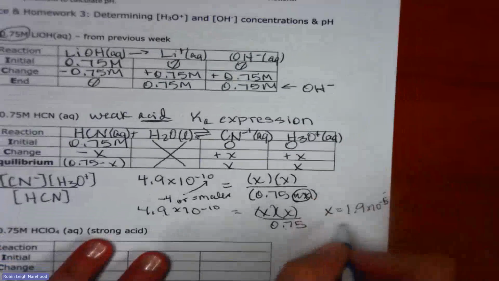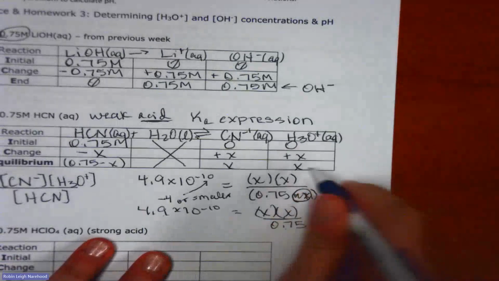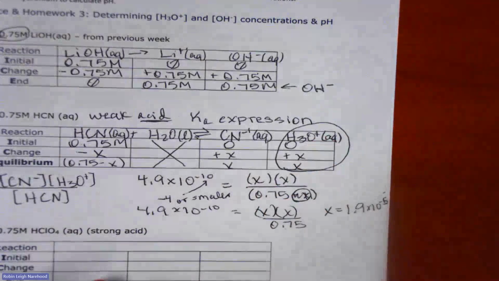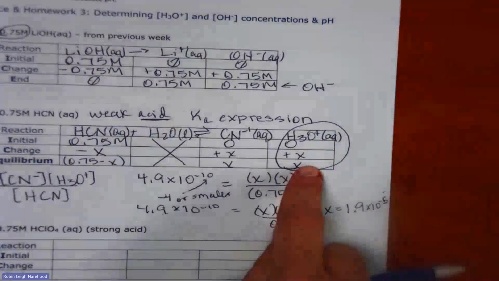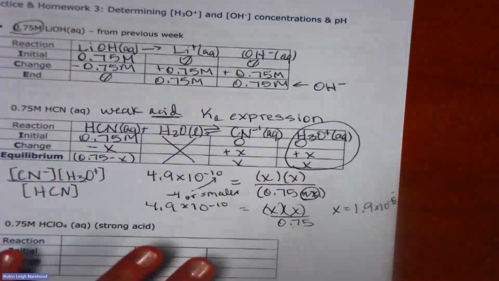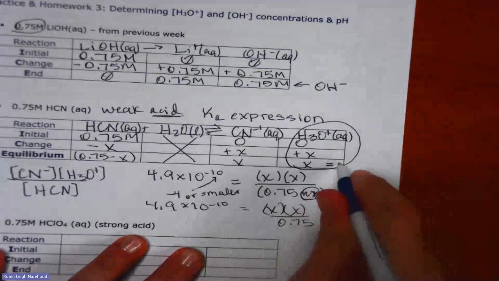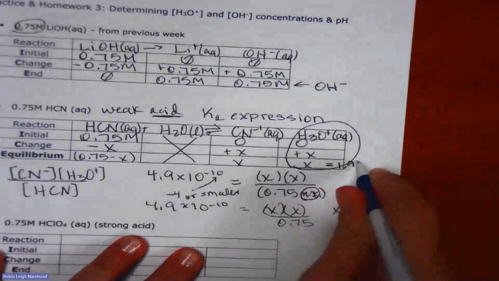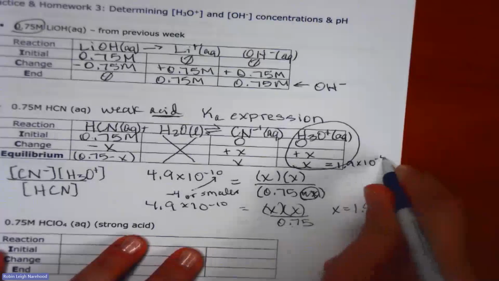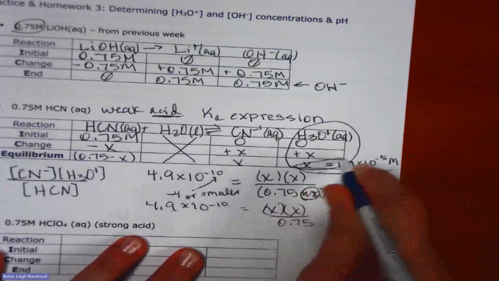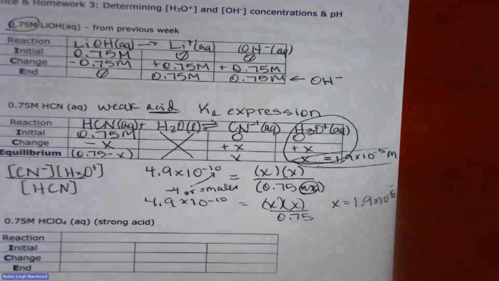Okay, that is X, and this is the one we want right here. Your goal in one of these charts is to figure out the amount that you have either at equilibrium or at the end of the complete dissociation. And so we've got hydronium is 1.9 times 10 to the -5 molar. We can then use hydronium to find the pH, because pH equals negative log of hydronium.